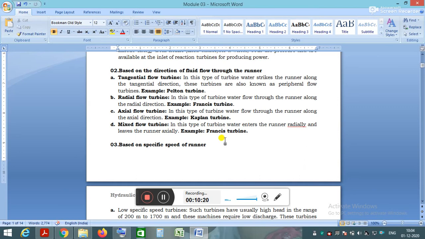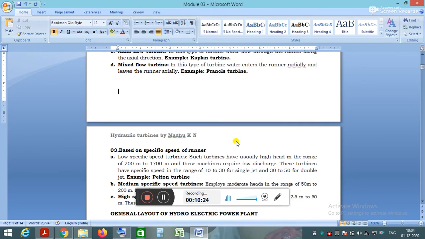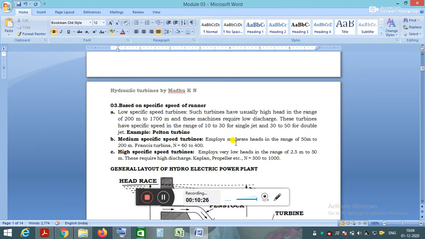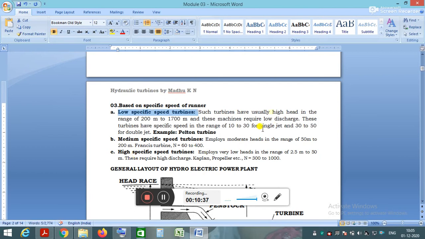The next classification is based on the specific speed of the runner. Based on specific speed of the runner, they are classified into low specific speed turbines, medium specific speed turbines, and high specific speed turbines.